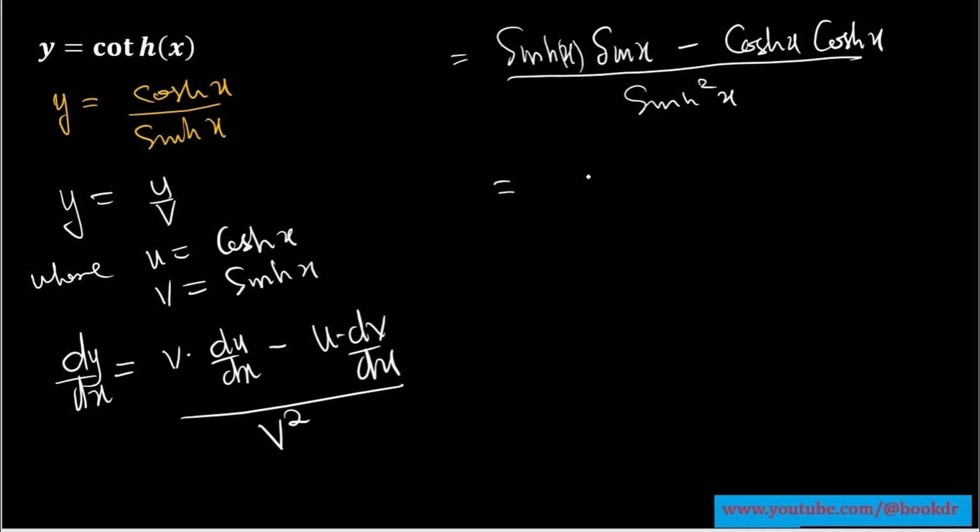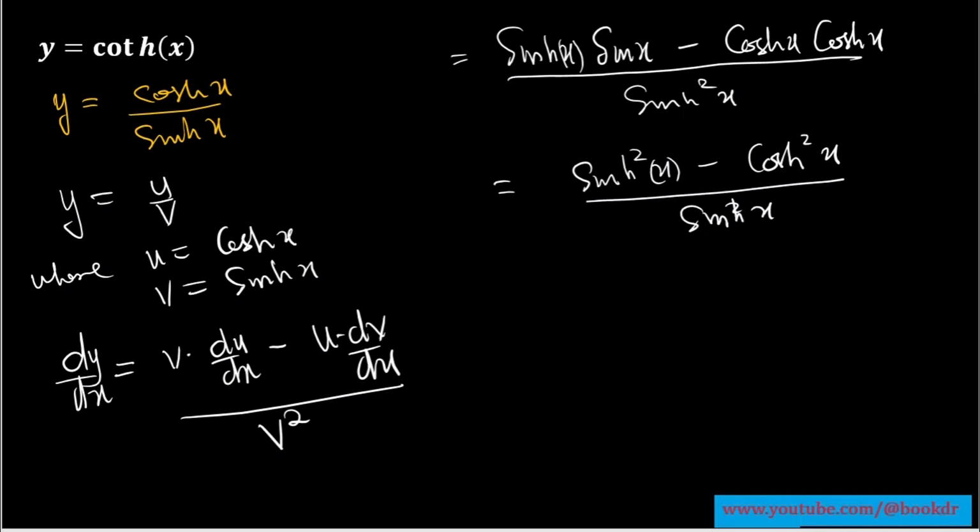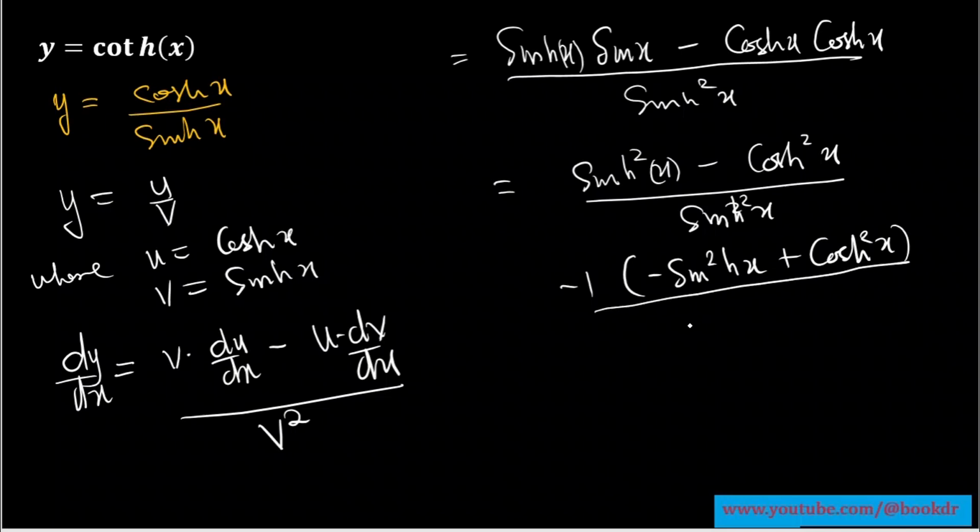This can be simplified as sinh square x minus cosh square x all over sinh square x. We can factorize negative 1 out, giving minus cosh square x minus sinh square x all over sinh square x.